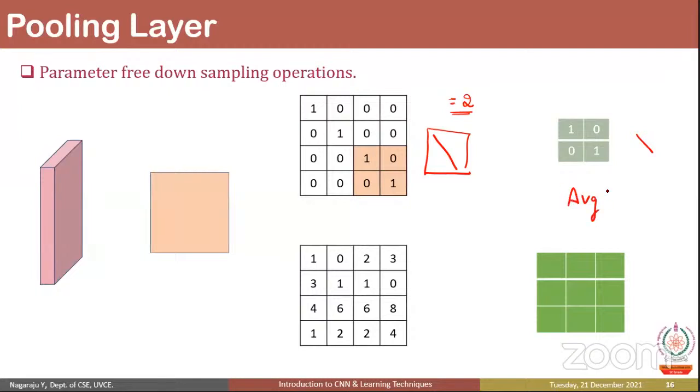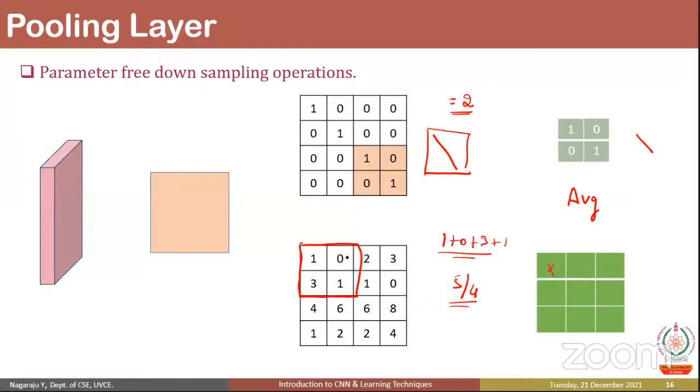So next we have one more pooling operation, that is average pooling, where we are going to apply the filter here like this. The difference between max pooling and average pooling is, here we take the maximum value, but in average pooling we add up all the values and take the average of these values, and we'll update here.